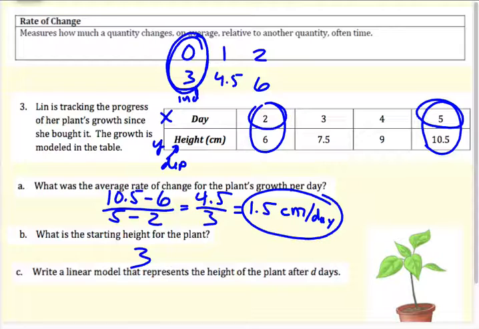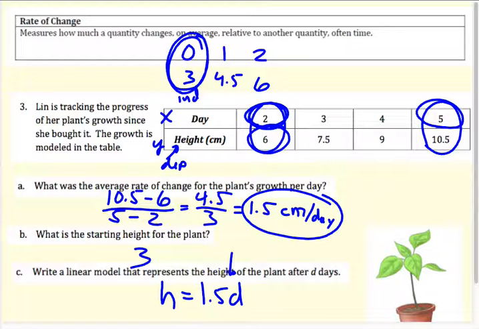It says, write a linear model that represents the height of a plant after D days. Well, I guess the height, we'll call it H, equals, every day it's growing 1.5 centimeters. So I'd say 1.5 times the number of days would be its height. Now when you plug 2 in there, you should get 6.